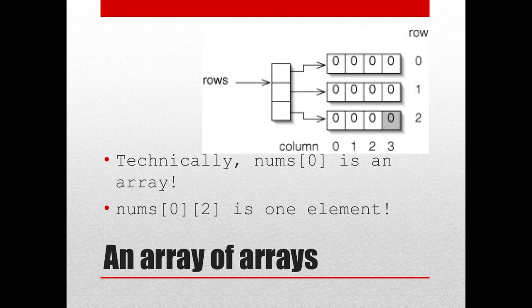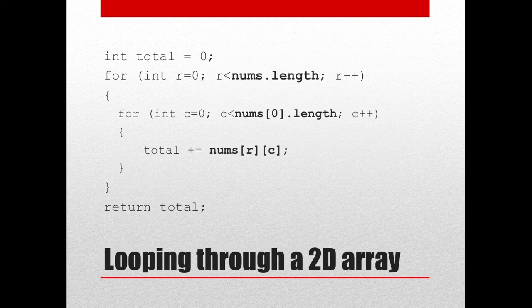Go back and think about nums bracket 0 there. That's an array, and the length of that top array that goes 0, 0, 0, 0 is the number of columns in the whole two-dimensional array. You'll get used to thinking that nums.length for a two-dimensional array is the number of rows, and nums bracket 0.length is the number of columns.